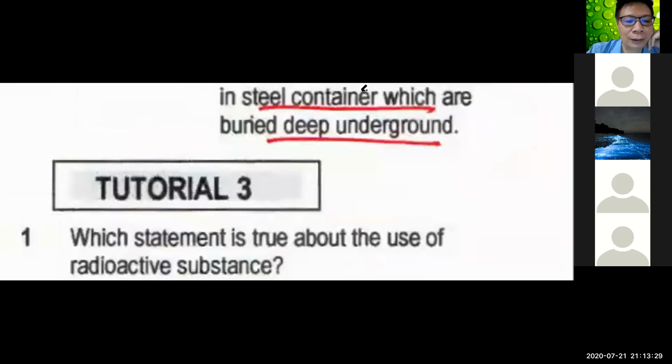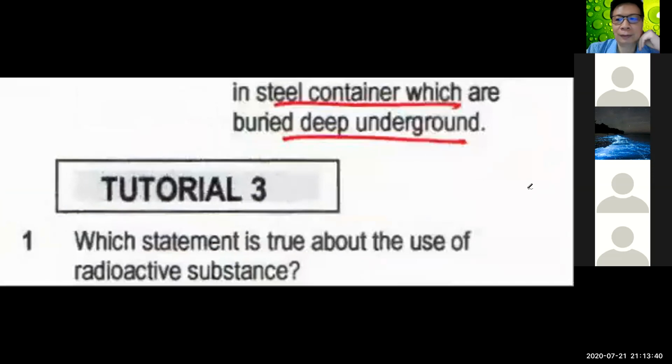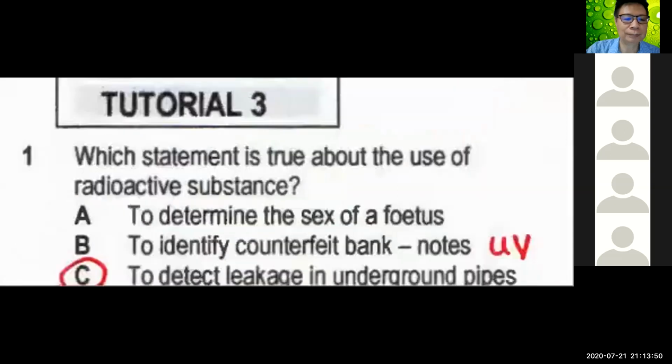One answer, eh? Which statement is true about the use of radioactive substance? Selena, number 1, which one is true? C, yes, right. Detect the leakage of underground pipe.